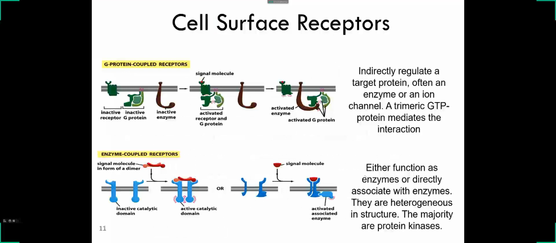So what about GPCRs and enzyme-coupled receptors? GPCRs are on top here. They are 7 transmembranes, and a lot of this should be reviewed from the pharmacology. They are coupled with a heterotrimeric G protein complex shown here in green.